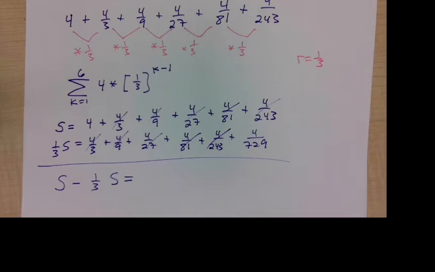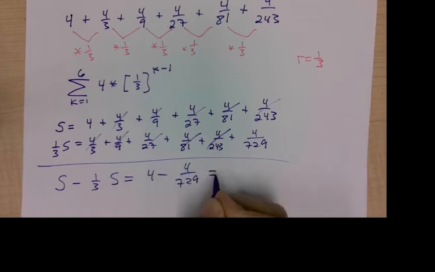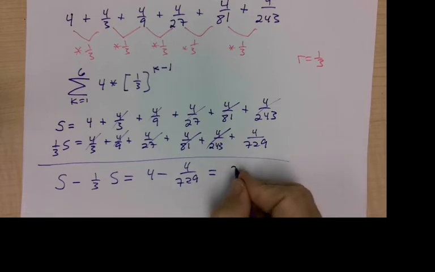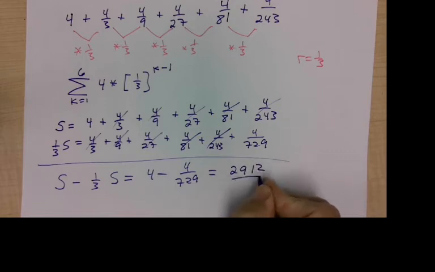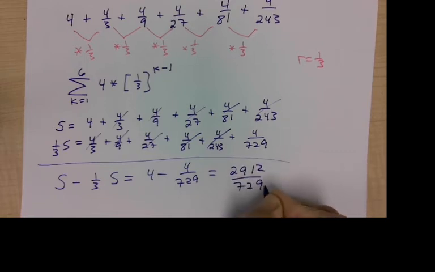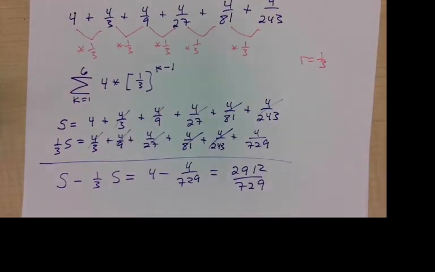And what am I left with? I am left with 4 subtract 4 over 729. Which gives me what? Gives me an answer of 2912 over 729. And we could check that by adding all those together to see how close we get.